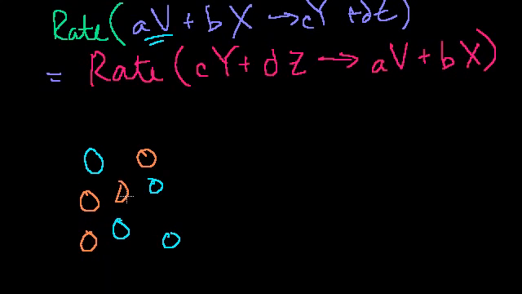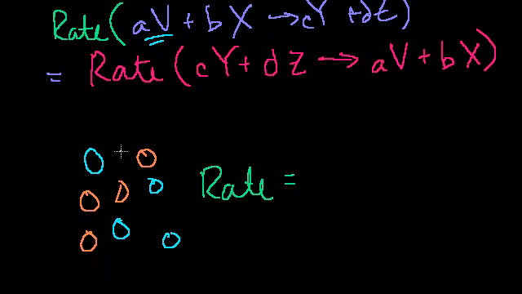So the reaction is really going to be driven by the probability of finding A V molecules and B X molecules all within close enough confines that they can actually react. So you could say that the rate is going to be proportional to, let's say it's equal to, some constant that takes into account things like temperature and how the molecules are actually configured, because it's not dependent just on them being there.